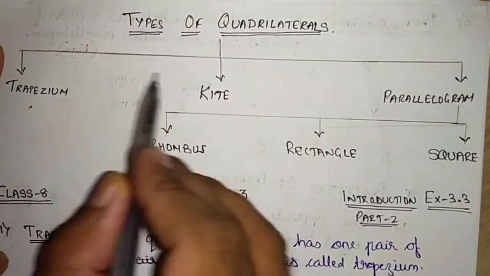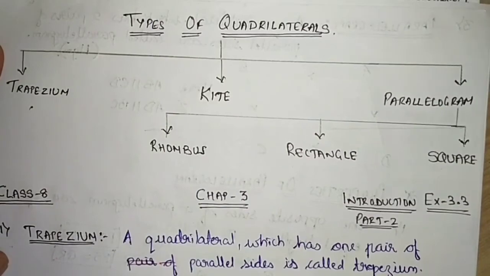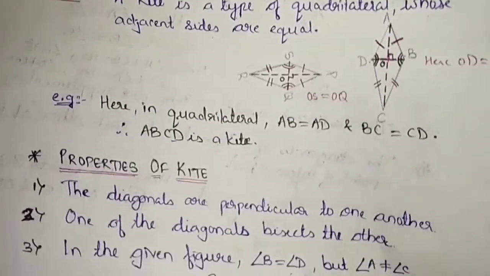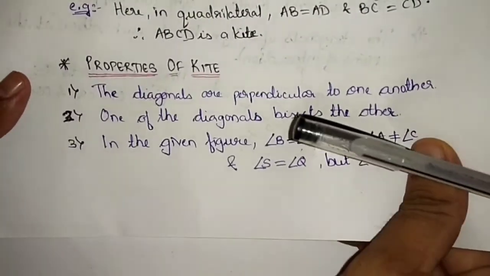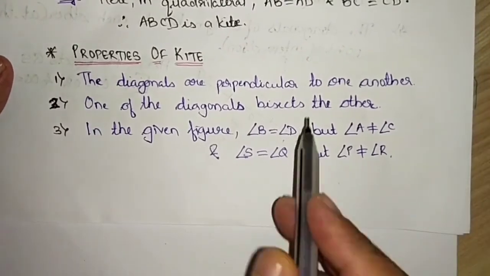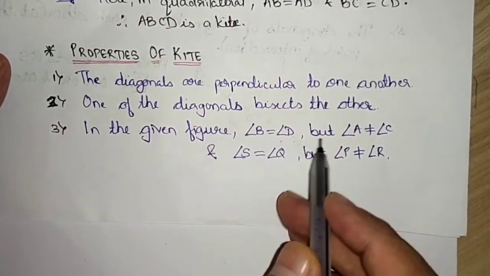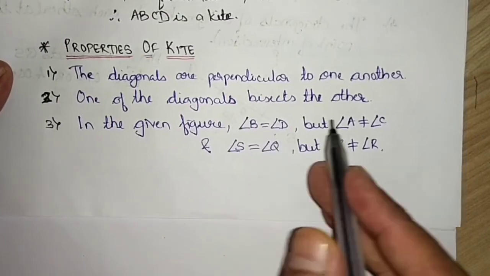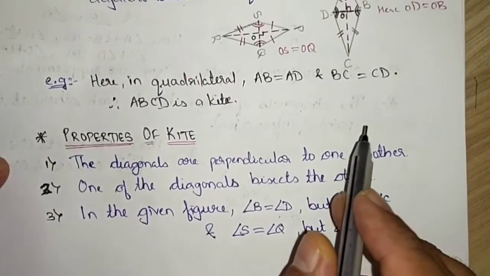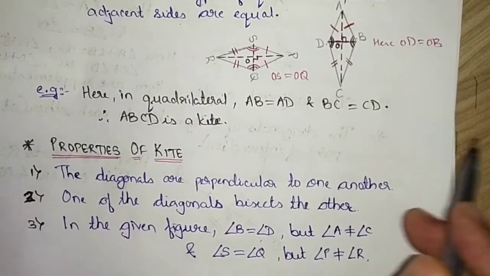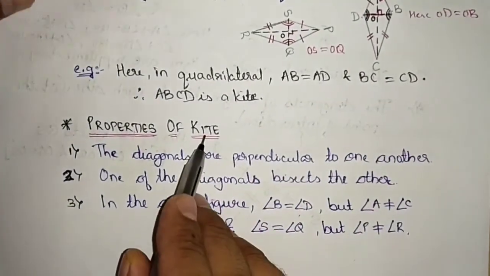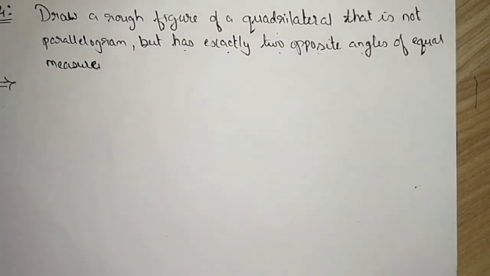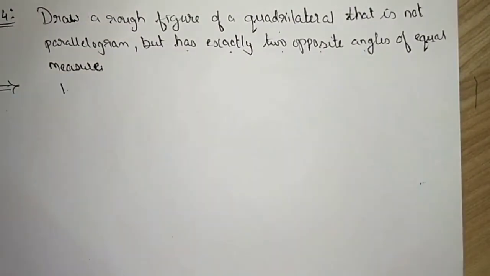So it is left with trapezium and kite. And also one condition they have given, that one pair of opposite angles are equal. Here one pair is equal, one is not equal. So definitely it must be a kite, right? Properties of kites are working with the condition.